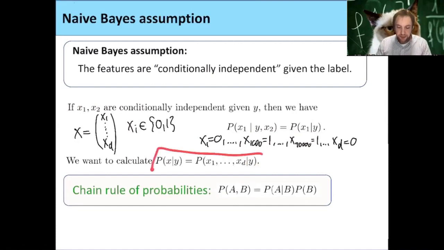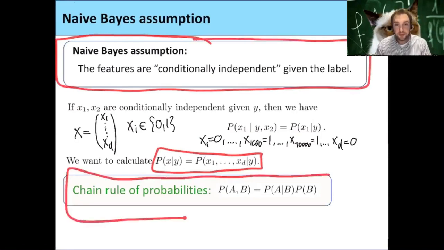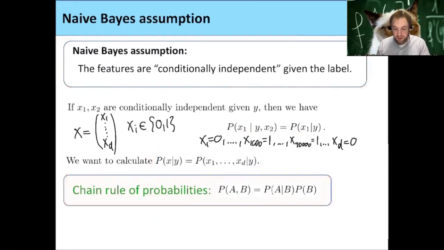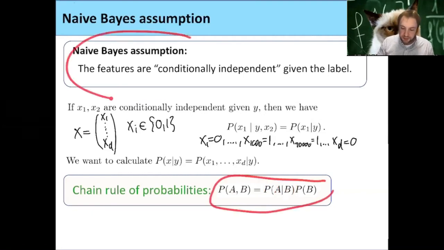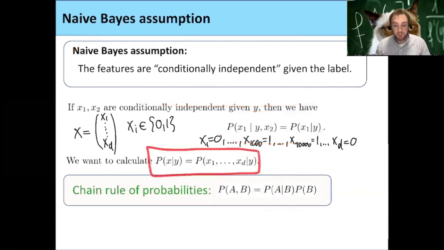And to calculate this, we will use this strong assumption here, and also something called the chain rule of probabilities, which just says that the probability that A and B occur is the probability that B occurs times the probability that A occurs given B. And using this, we will now calculate this probability here.